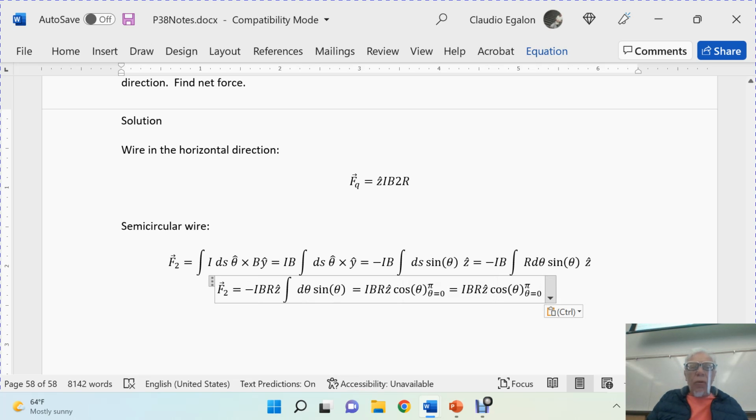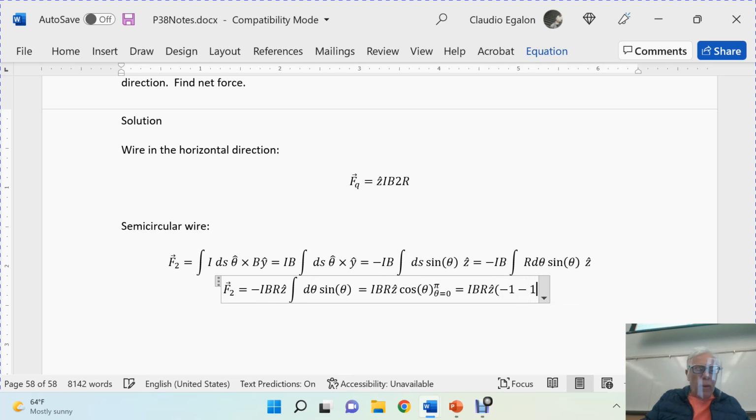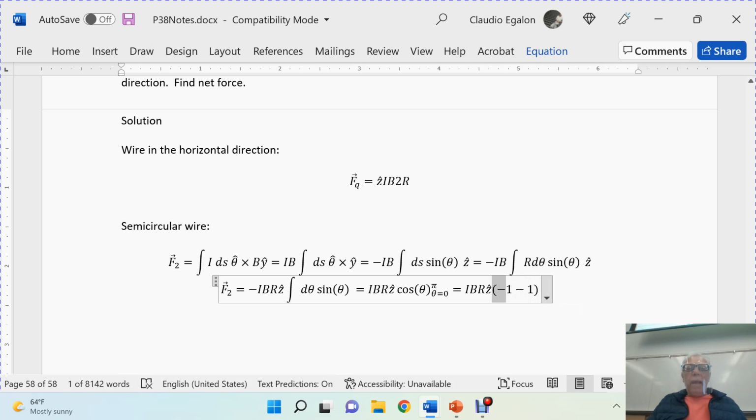Substitute for pi in cosine. You get minus 1. Here's the cosine of pi. Here is minus cosine of 0. And then what do we get?